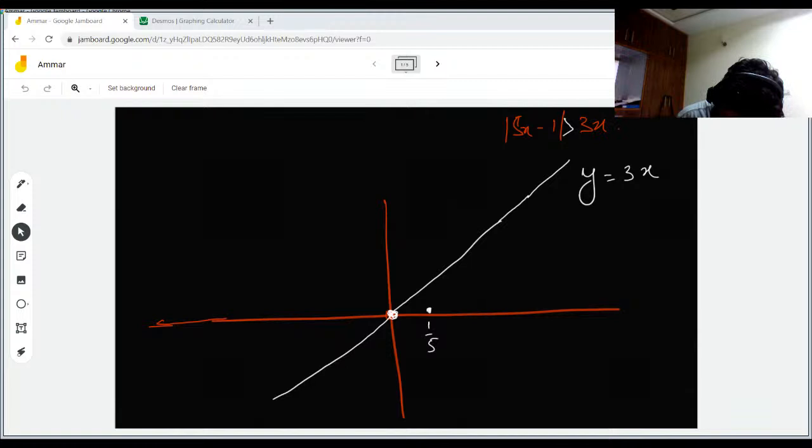Do we, in things like this, just directly add the mod, or do we have to draw the line and then draw the mod? You could do the mod directly as well. So just put it plus 1 now.